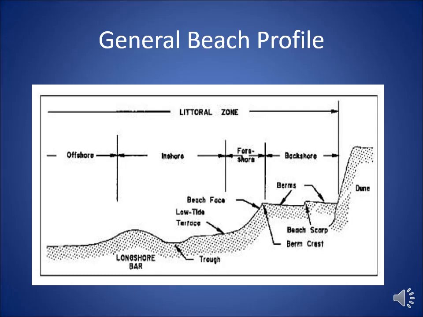And then the next scarp separates it from the berm that is immediately adjacent to the dunes. And this is sometimes called the winter berm. The winter berm represents the extent of winter storm waves and sometimes hurricane waves. Many times the sand will be slightly coarser on the winter berm, and you may see a lot of dark colored sand.